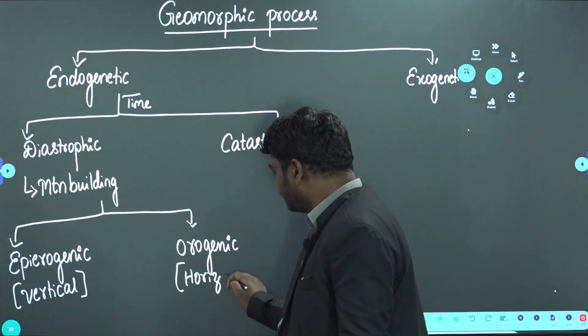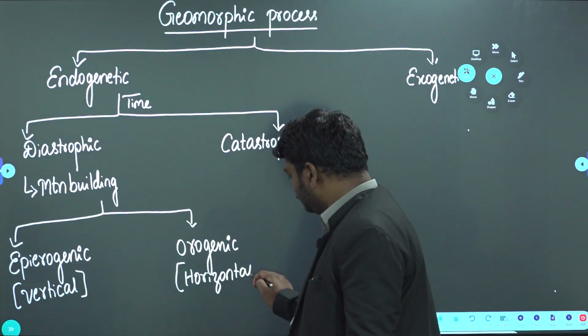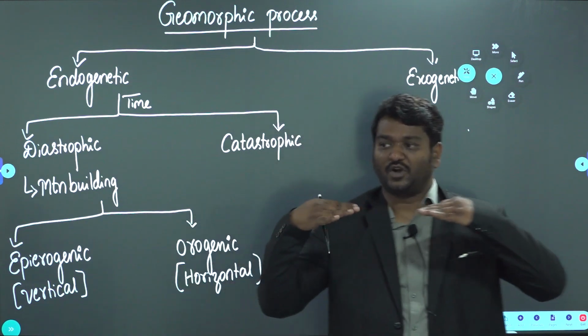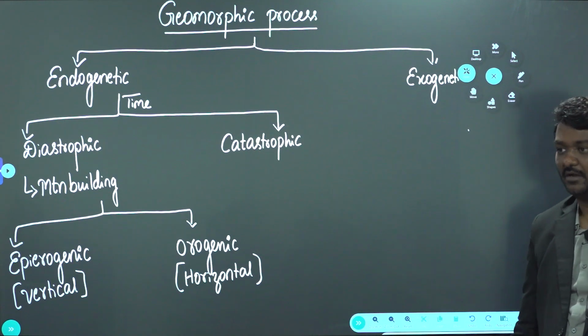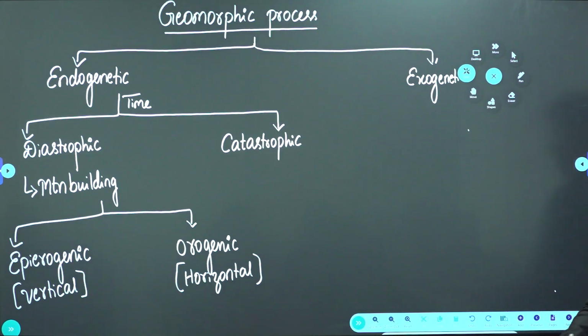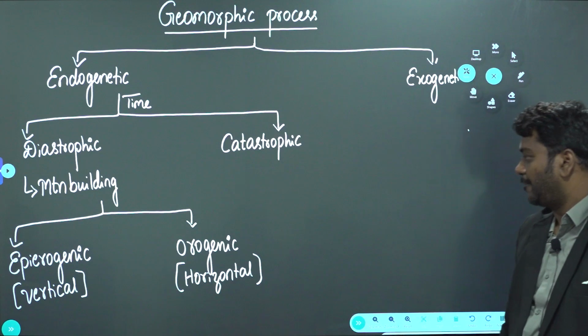What is orogenic, guys? Whenever there is horizontal movement, we call it orogenic. If there is vertical movement, we call it epeirogenic.